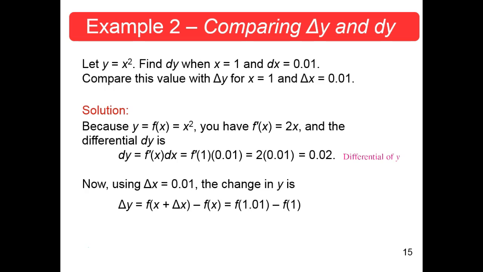And y'all just calculated that for me to be 1.0201 minus 1, which is 0.0201. So whereas your dy was this, your delta y was this. Okay? Really close. Within 1%. Actually, less than 1%.